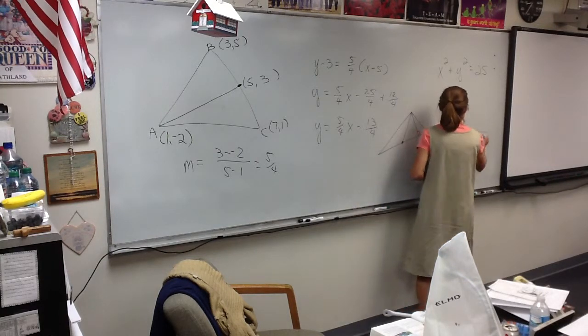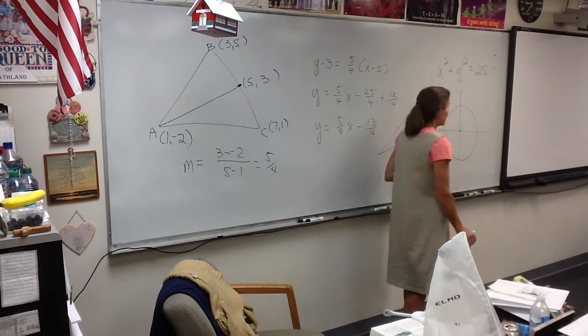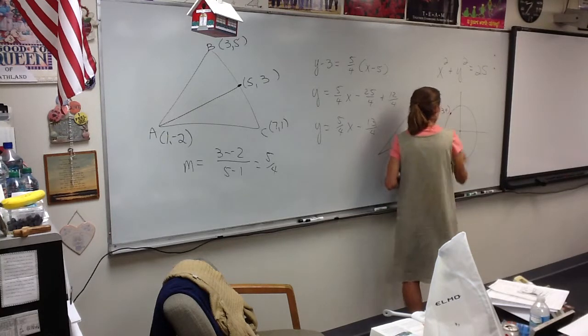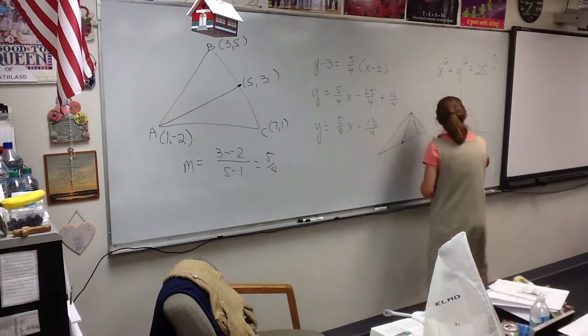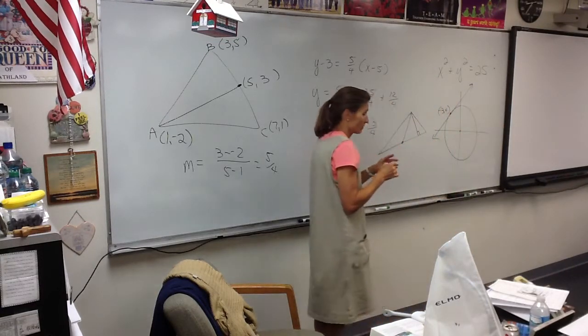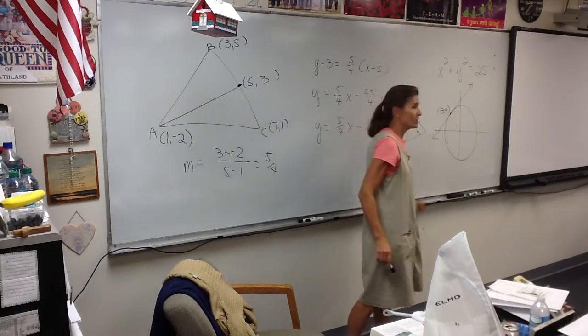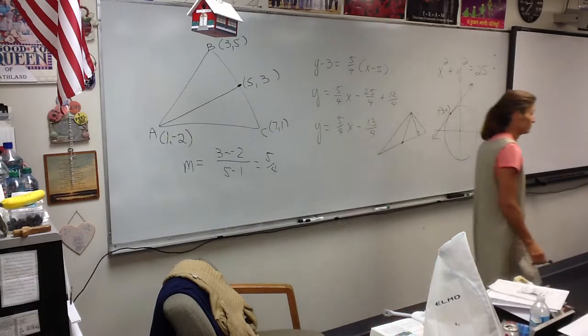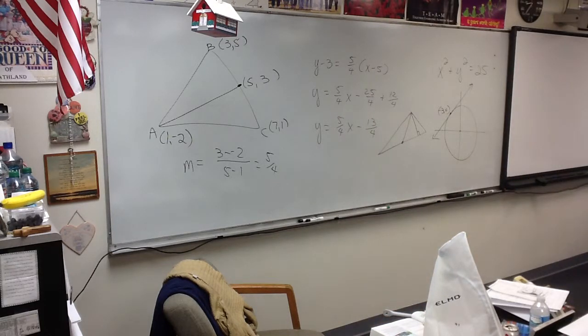So it looks like this. Somewhere on that circle is the point -3, 4. This is the line I'm talking about. You're going to write the equation of that line. It's tangent to the circle at the point that I gave you.